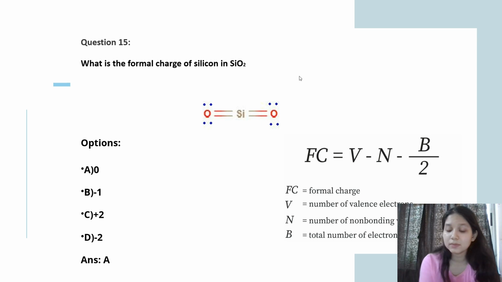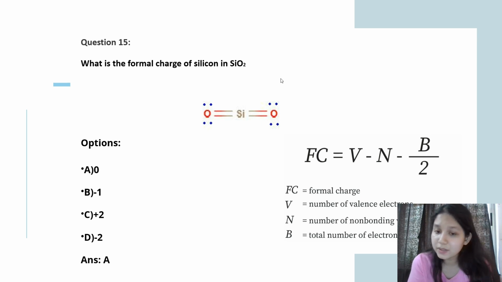So we have till now covered 15 questions on the topics taught in week 1 by Professor Neeraja ma'am on structure of atoms and molecules and molecular orbital theory. Does anybody have any query or any comment on the questions discussed?